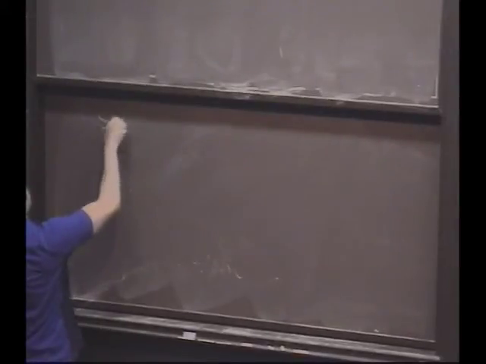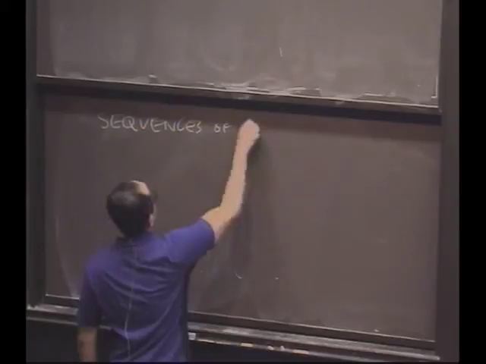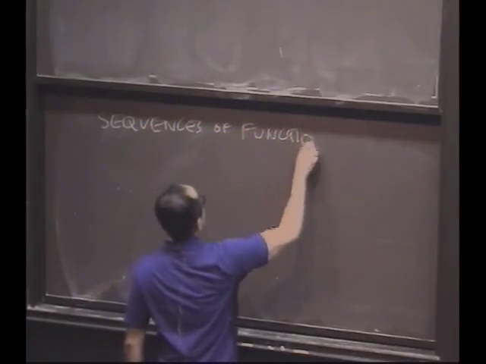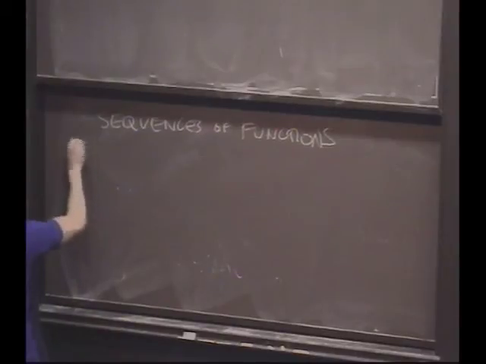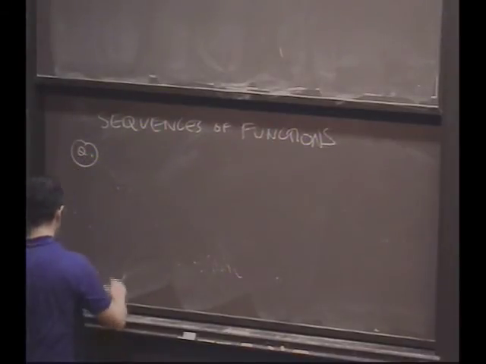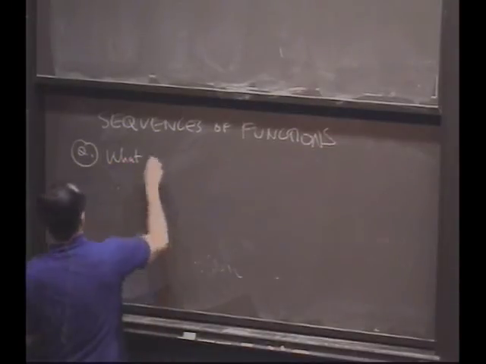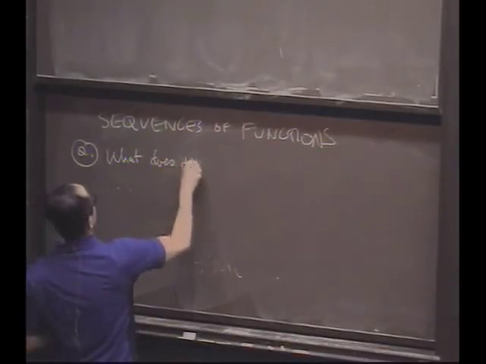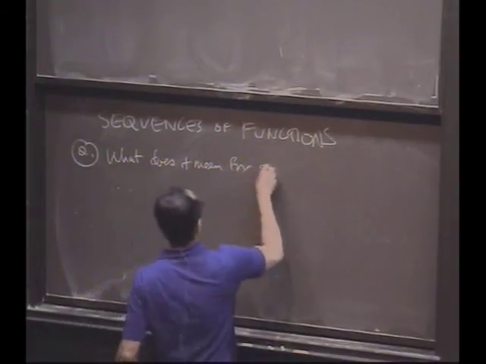And so I want to talk about sequences of functions. This is actually one of the main motivations of analysis. We've said what it means for points to converge, but what does it mean for a sequence of functions to converge?